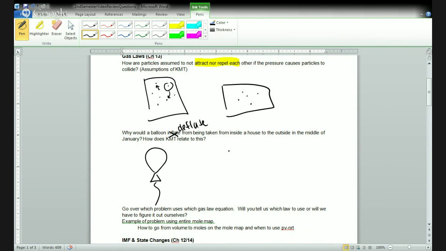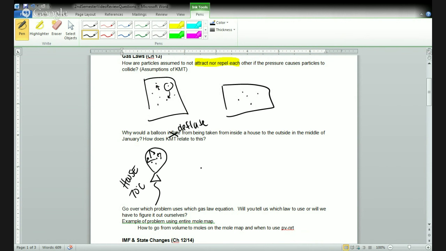All right, so why would this balloon deflate from being taken inside a house in the middle of January, and how does KMT relate to this? This balloon in my house is in a nice balmy 70 degrees because I get cold all the time. So my particles are moving at an average kinetic energy, bouncing off the walls at a speed determined by 70 degrees.